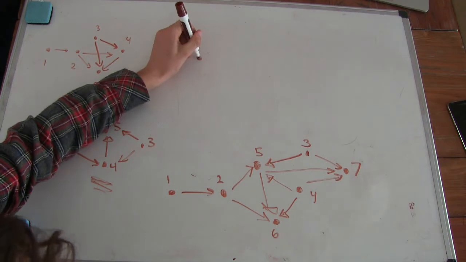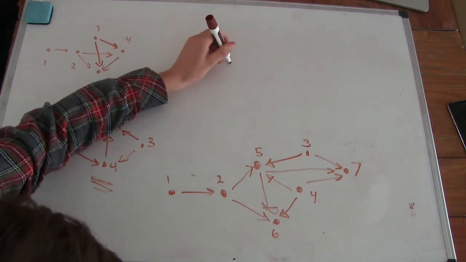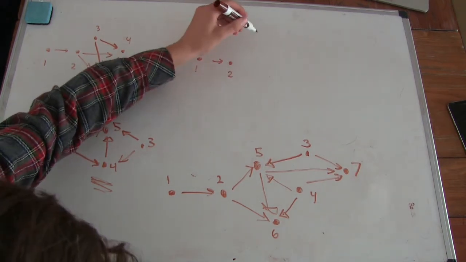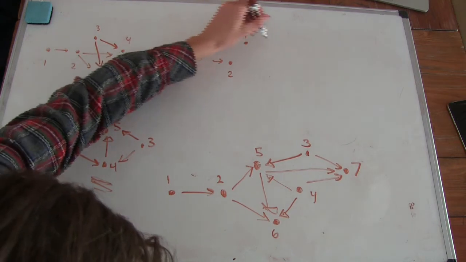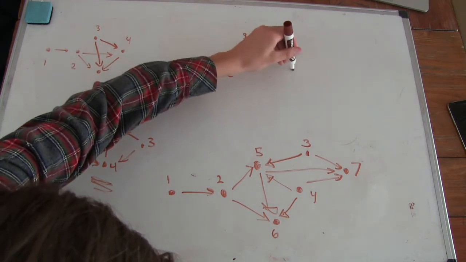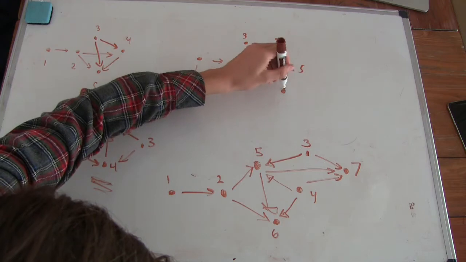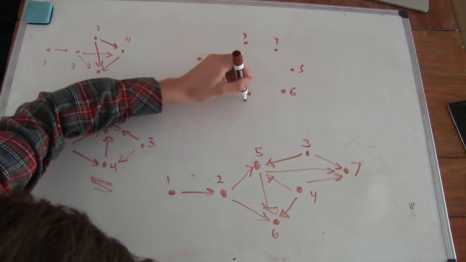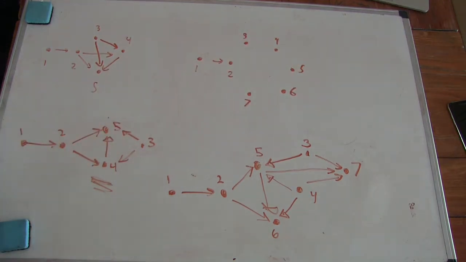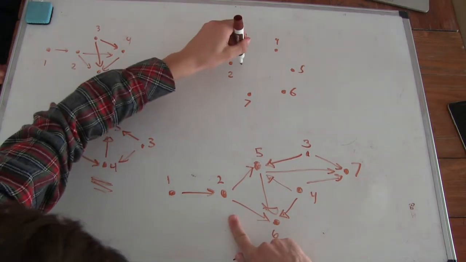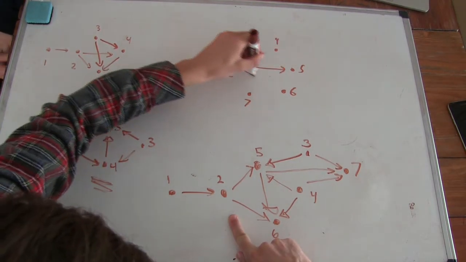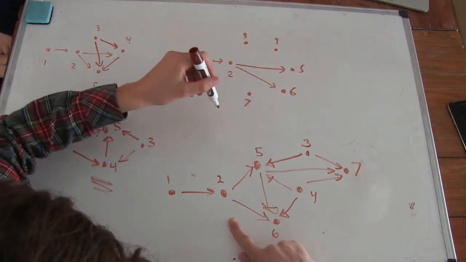And then 1 goes to 2, and then we have 3, 4, 5, 6, 7. Okay. So let's just be careful when we draw this out. So 2 is going to go to 5 and 6. Okay, good.